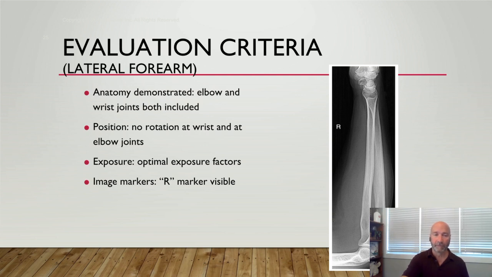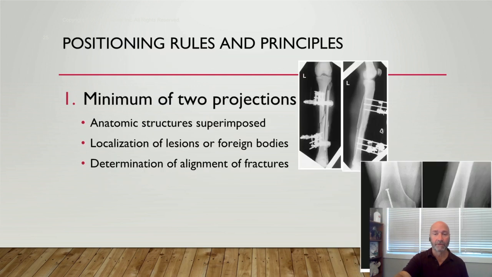We also need to be able to visualize all that stuff that we talked about before, the patient's name or ID number, and we also need some sort of indication of what side we're looking at, just so that the radiologist doesn't read it improperly or make a diagnosis on the wrong arm.